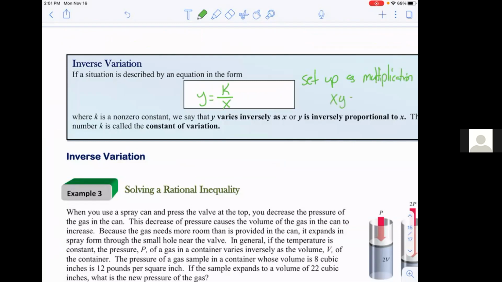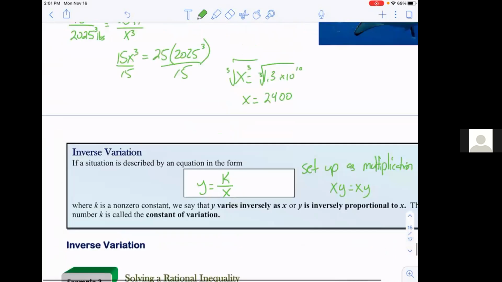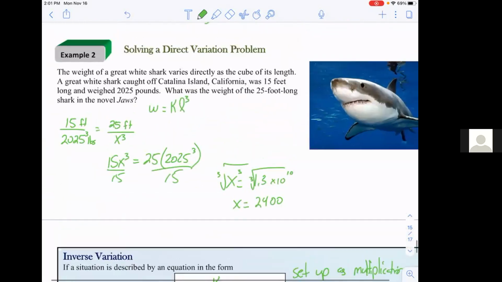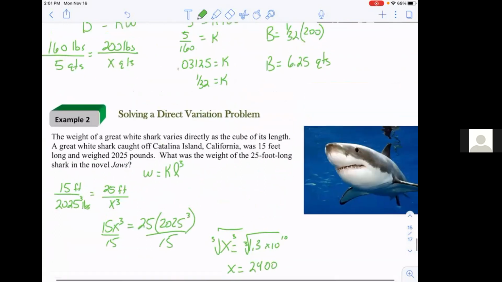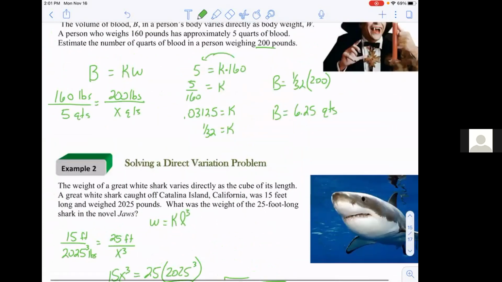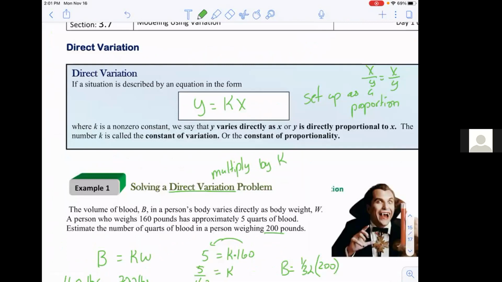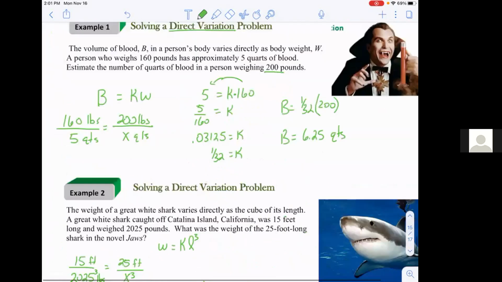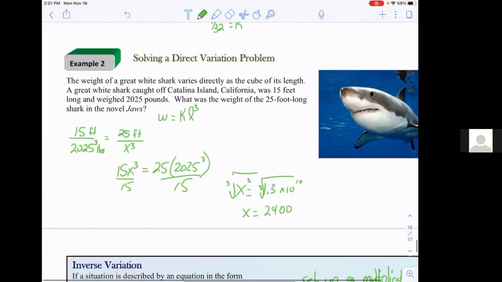So we have to have xy equals xy, whereas on the other one, when we're setting up a proportion, it's x over y equals x over y. Okay. Now we're going to multiply. So here we go.